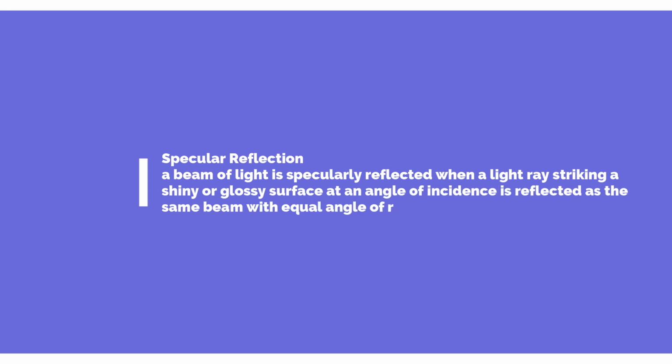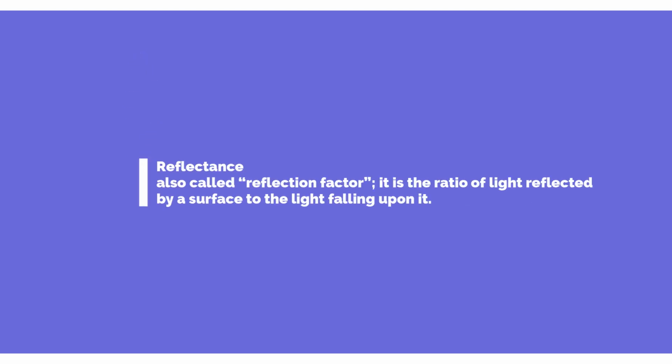Specular reflection: a beam of light is specularly reflected when a light ray striking a shiny or glossy surface at an angle of incidence is reflected as the same beam with equal angle of reflection. Reflectance, also called reflection factor: the ratio of light reflected by a surface to the light falling upon it.